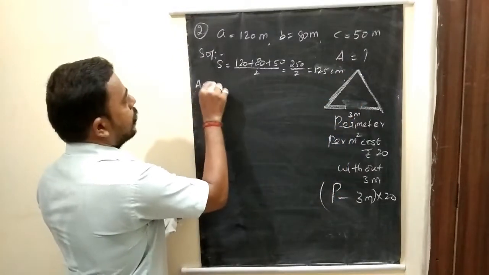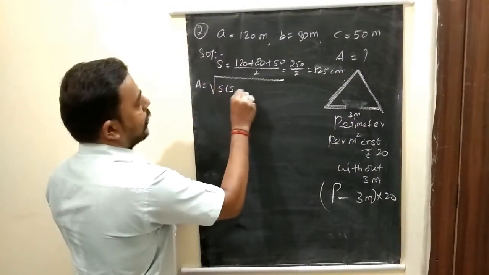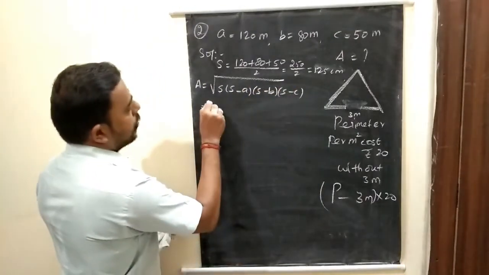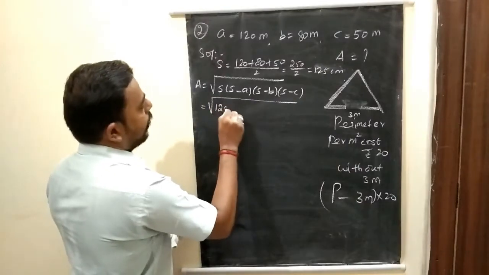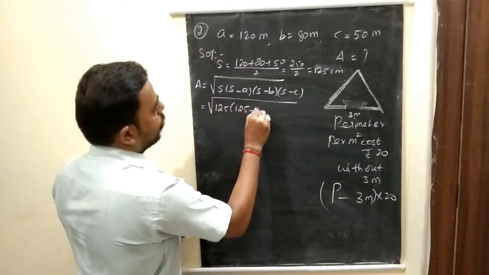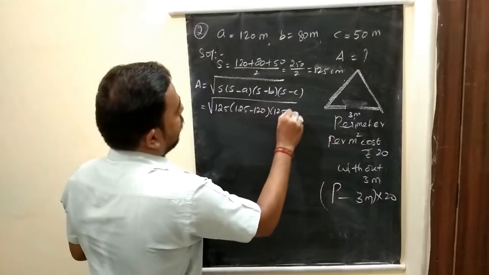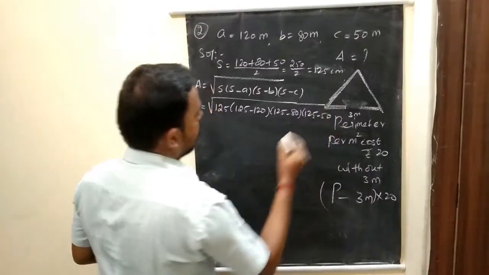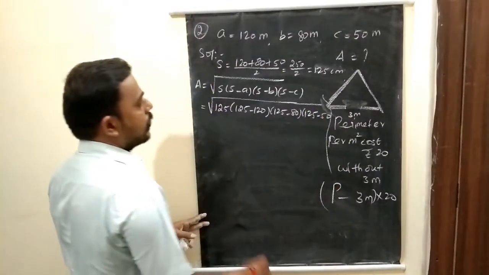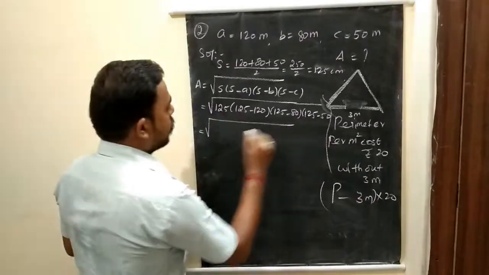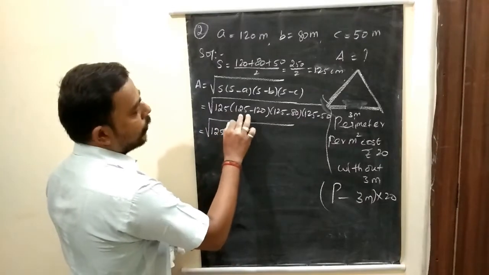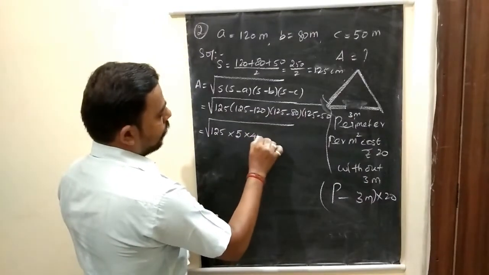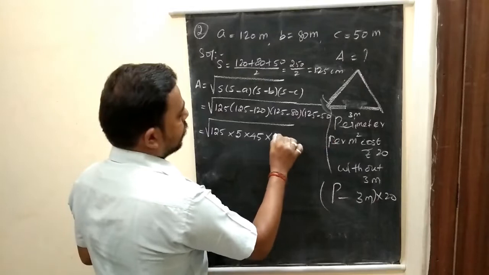Now area equal to square root of S into S minus A into S minus B into S minus C. So equal to square root of 125 into 125 minus 120, 125 minus 80, 125 minus 50. So equal to square root of 125 into 5, 45, 75.